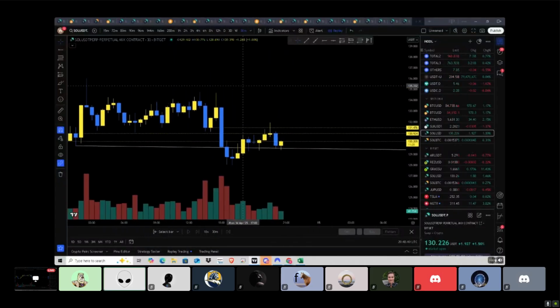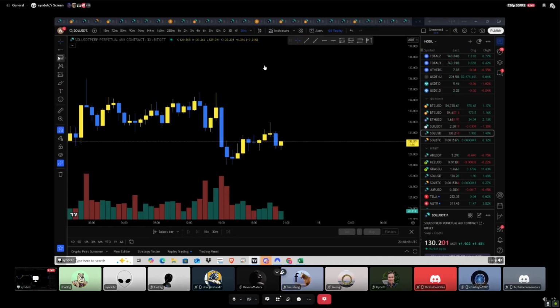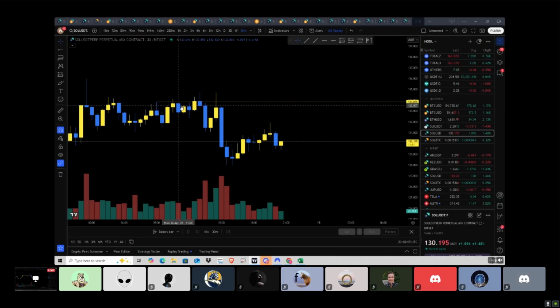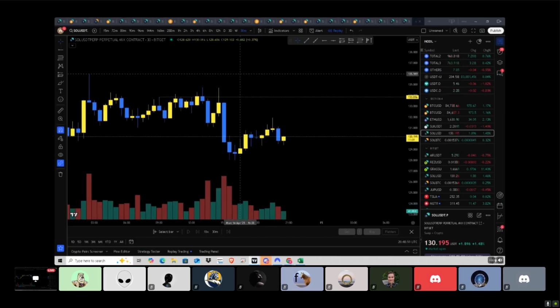And once you hit a break level, here's an example. You're going to get two things happening when you hit a break level. You get a lot of break levels in here, right? So you got one there, one there, and something here at a different time frame.